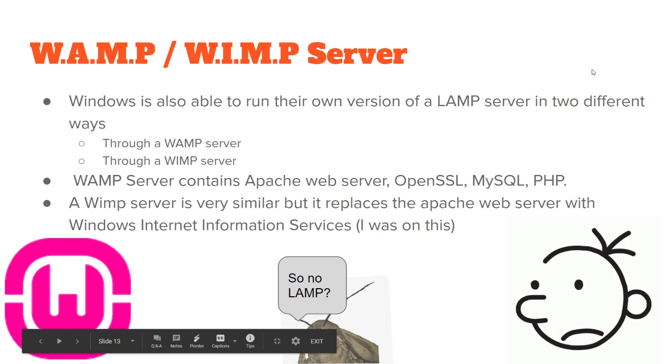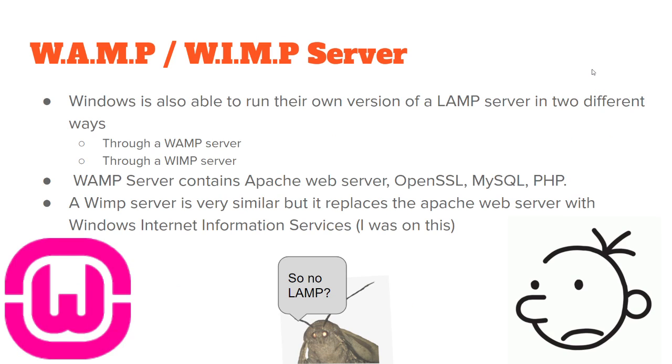And then we come to WAMP and WIMP servers, which are the Windows versions of these servers, in two different ways. There's a WAMP server and a WIMP server. A WAMP server contains the Apache web server, OpenSSL, MySQL and PHP. It's basically the same thing, but the W stands for Windows for the operating system.